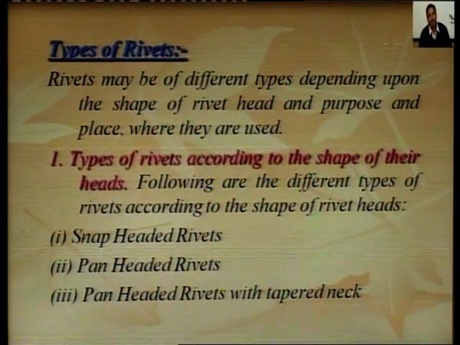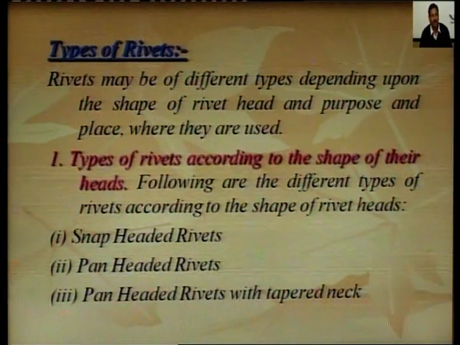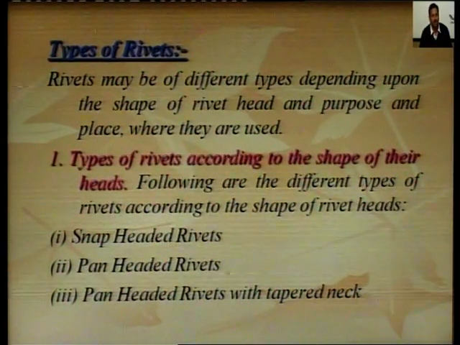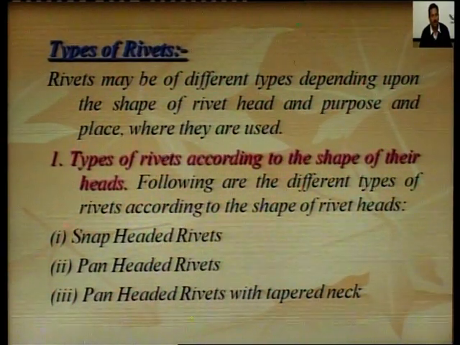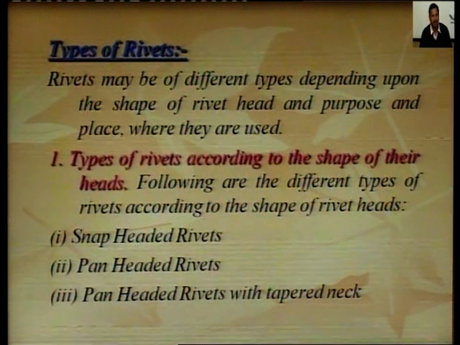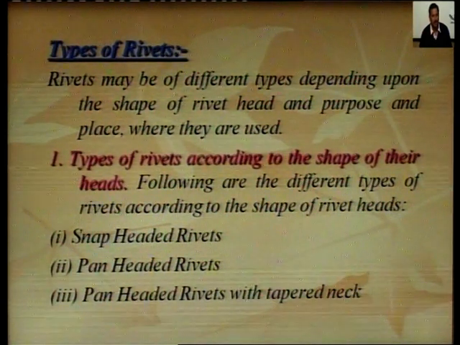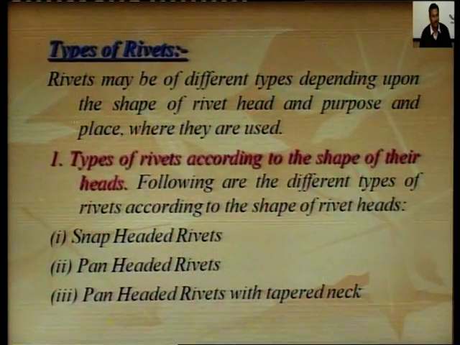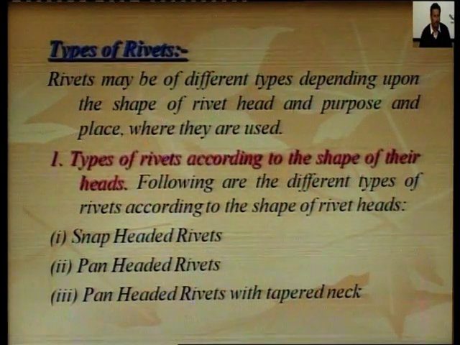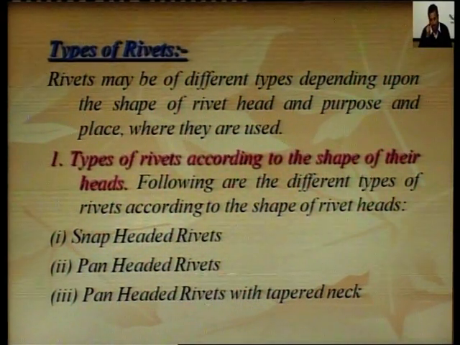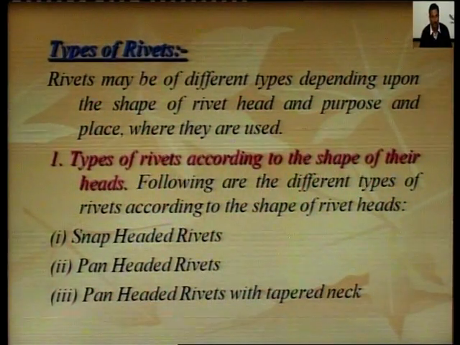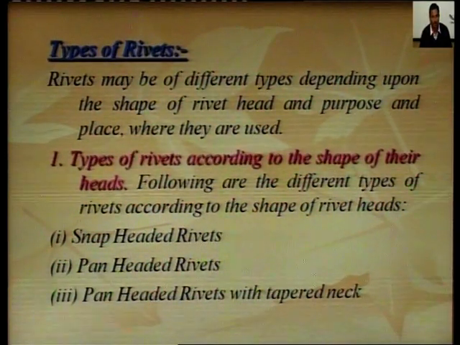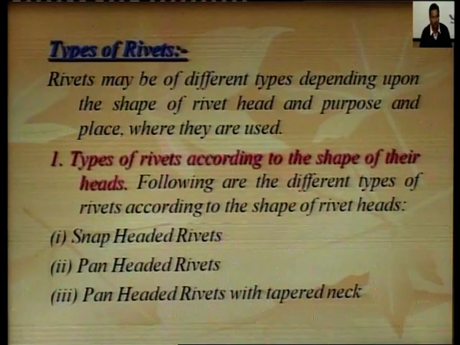Next, types of rivet. What types of rivet are there? Rivets may be of different types depending upon the shape of the rivet head and the purpose and place where they are used. So, classification of rivets according to the shape of their head.